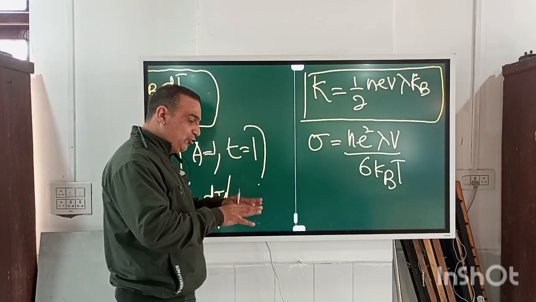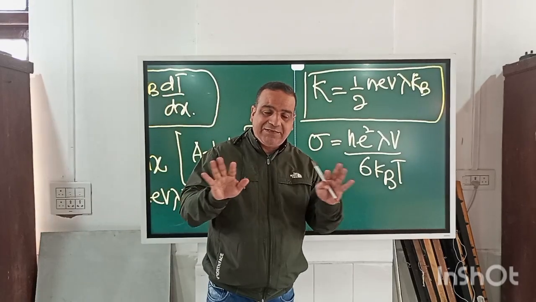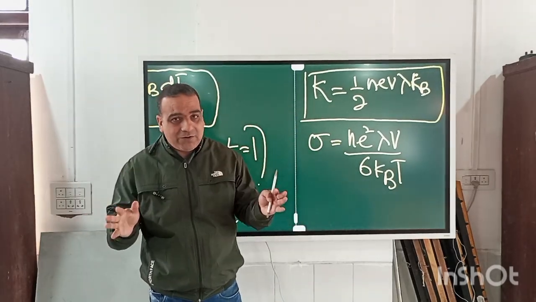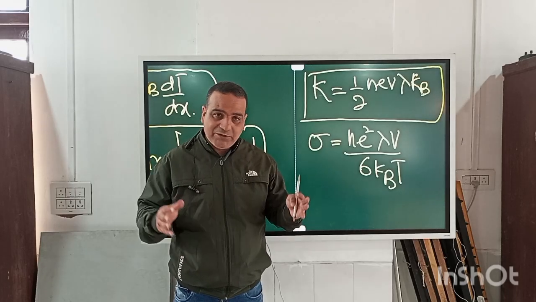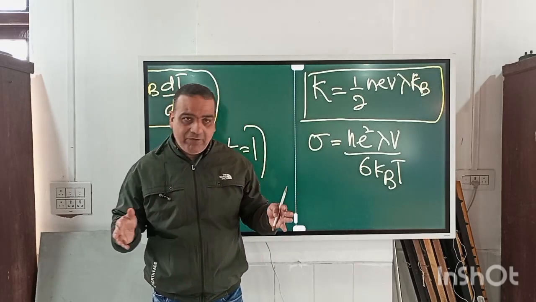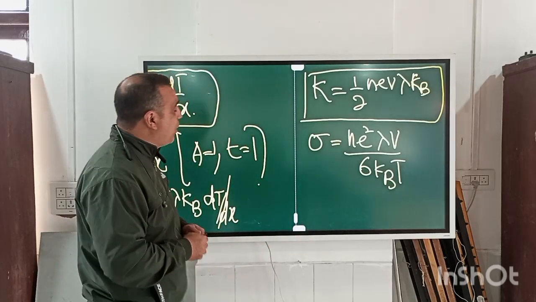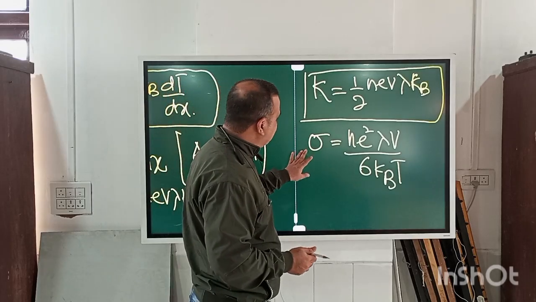But to assume that the system is stable, with the electrons inside the metal, we presume that there is a potential barrier by virtue of which these electrons cannot leave the metal.